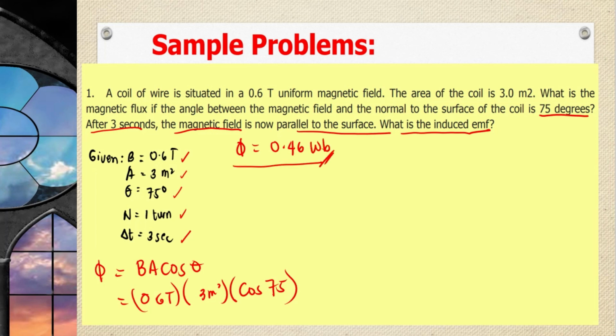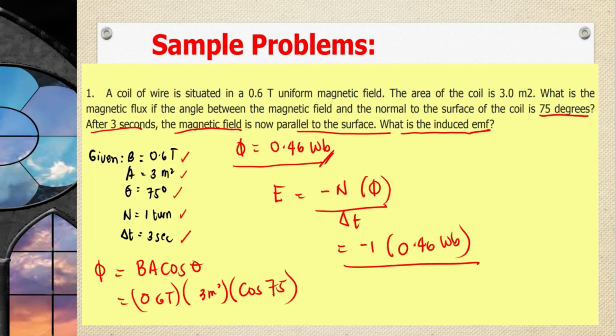Since we already have the magnetic flux, we can now solve for the induced EMF. For the induced EMF, we are going to use negative N times the magnetic flux over your change in time. Substitute: negative 1 times 0.46 Weber over 3 seconds.